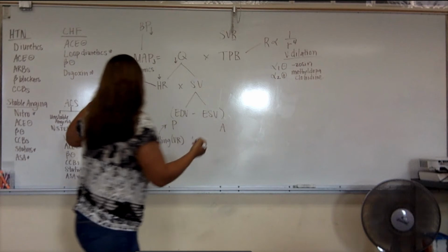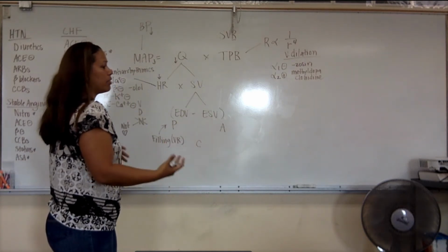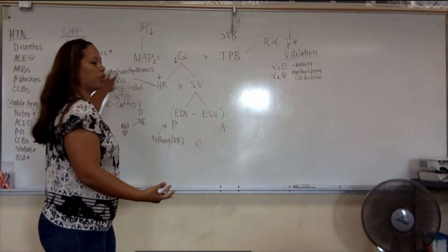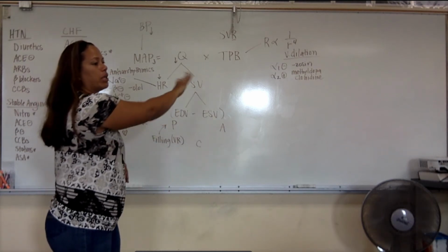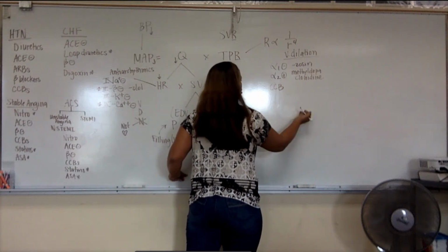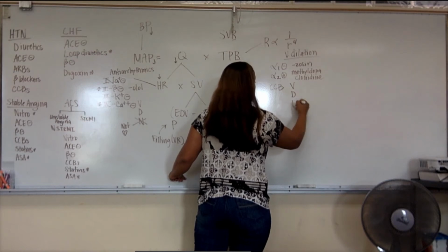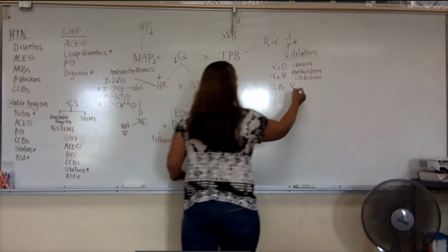We could do parasympathetic, but I don't think they have any drugs that they've created. But what about these guys? What from this list could I use over there? Calcium channel blockers. So I can use CCBs. What are the three? Verapamil, diltiazem, and nifedipine, and the mnemonic is Vaden.